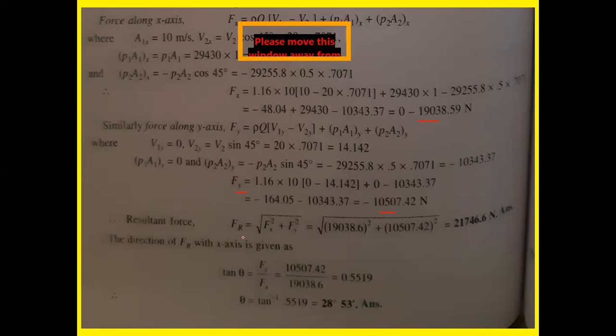Fr is equals to root of fx square plus fy square, that is equals to 2.21746.6. Okay, now the direction of the axis, theta is equals to f of y by f of x, that is equals to 0.5519.